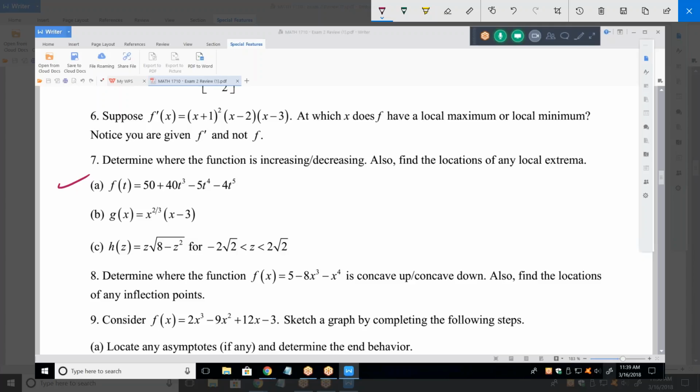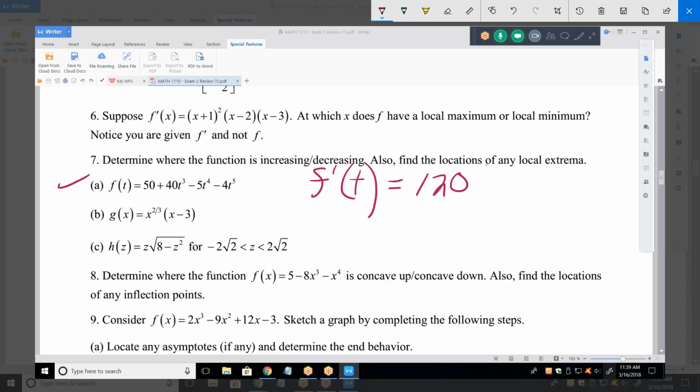You just have to take the derivative of it and then find the points where... See, it's harder because you have to take the derivative of it and find out where it's positive and where it's negative. Which is harder than setting it equal to 0 and finding out where the derivative is 0.